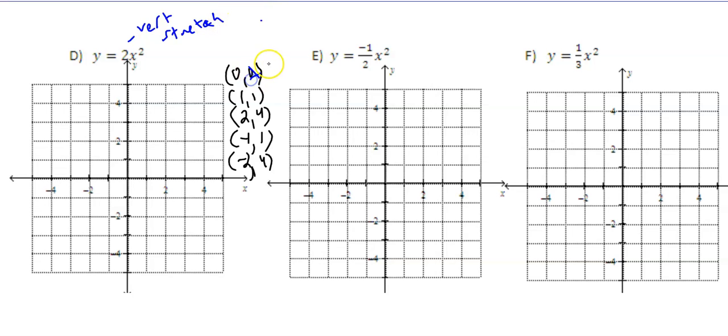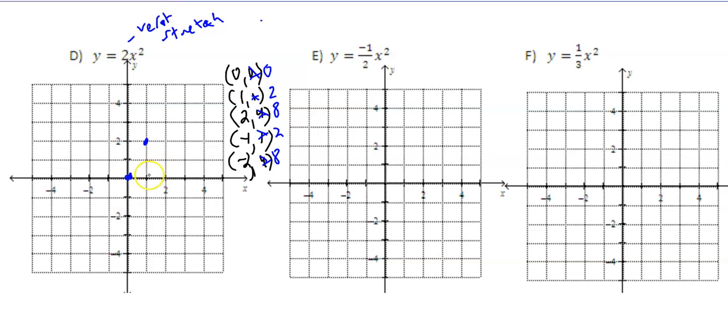So multiply 0 by 2, that's still 0. That's 2, that's 8, that's 2, that's 8. Some of these are going to be hard to fit on the screen here. So (0, 0), (1, 2). (2, 8) is somewhere way up there.